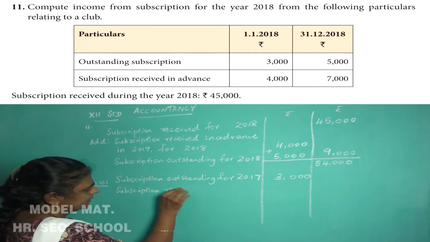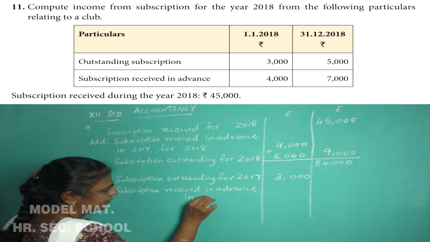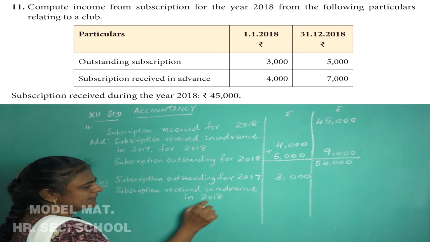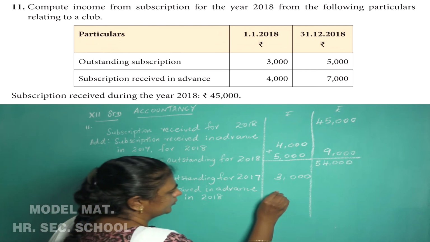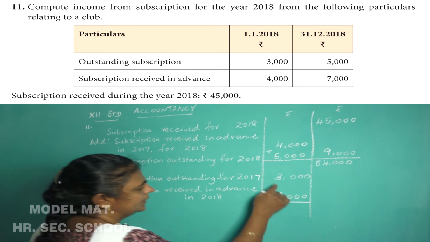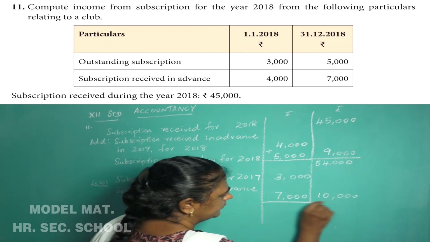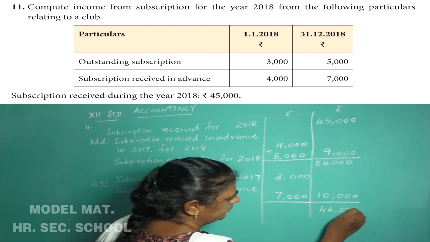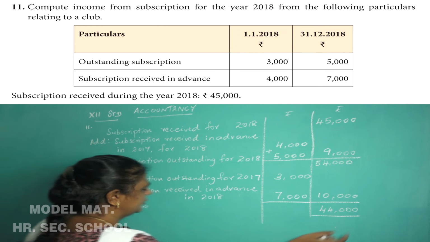Subscription received in advance in 2018. 2018 is the current year. This is the amount which is pertaining to the next year. So the 7,000 we don't want. So again add these two and subtract. So that will give 44,000. So this is the income, that will give 44,000 income from subscription for 2018.